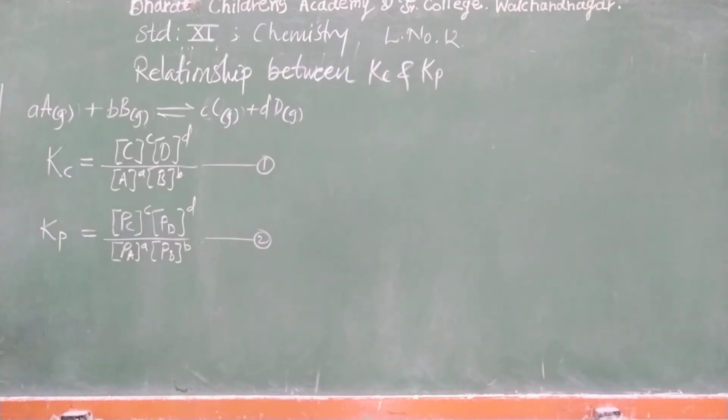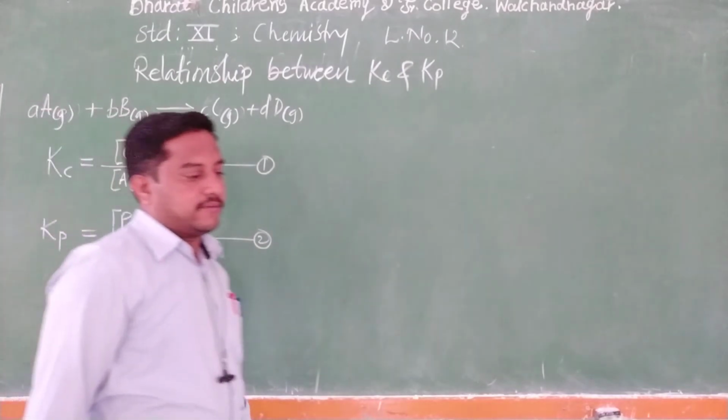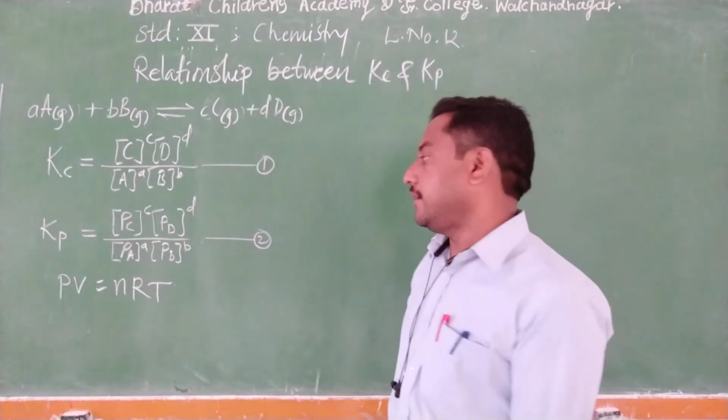Now these are the two equations. We need to find out the relation between Kc and Kp. What will be the relation? You know the relation can be obtained with the help of the ideal gas equation. PV equals nRT is the ideal gas equation. If you use the ideal gas equation, you'll get the relation between Kc and Kp.